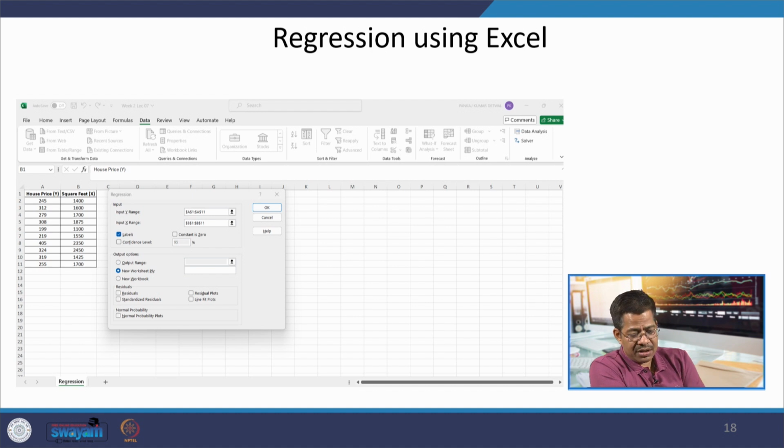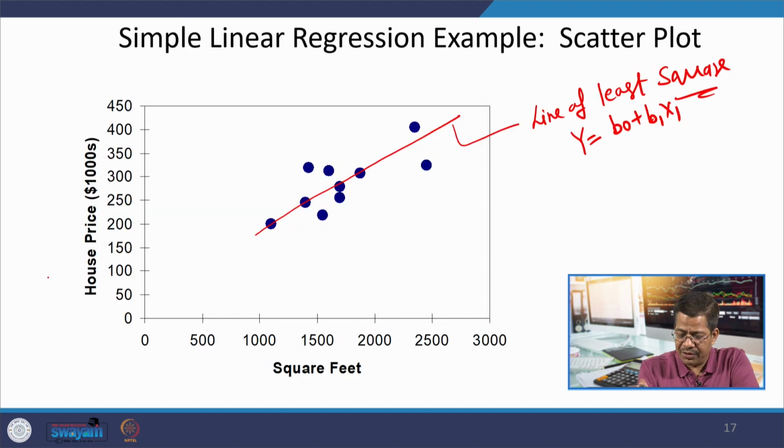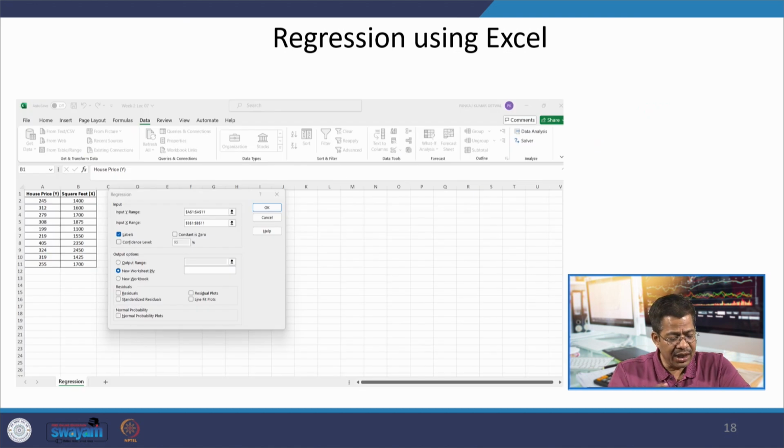And for that purpose, we can do this in Excel also, where we have put this data on the table, and you can see the screenshot of the Excel on the screen. That is all the table data which I was presenting here. We have punched that data in the Excel, and then in the data itself you can invoke this regression option, and when you invoke the regression option, you can see that one field requires the y range and another field requires the x range.